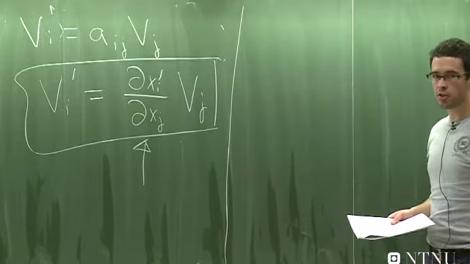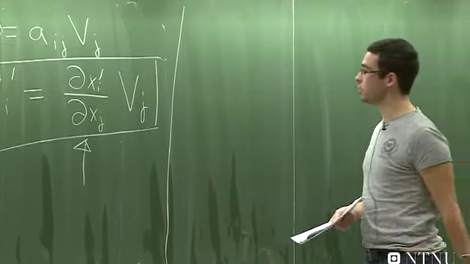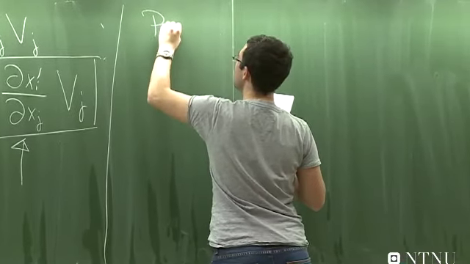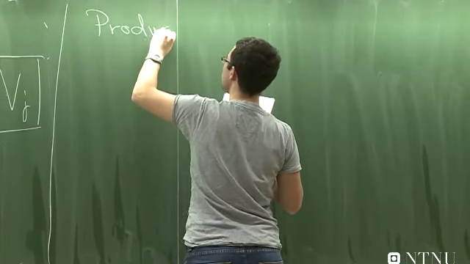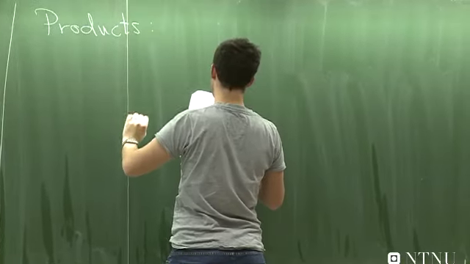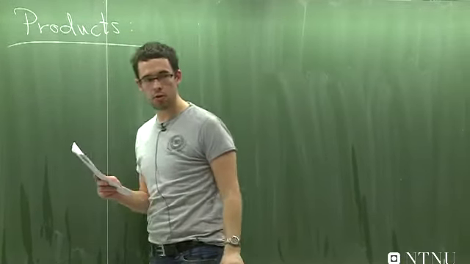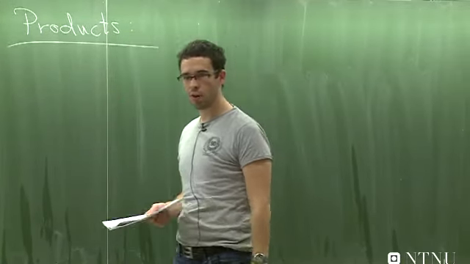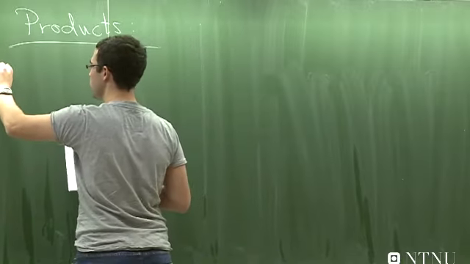Now we're going to discuss the various products that you can form using two vectors. And we can form several of these, and most familiar to you is probably the scalar product.